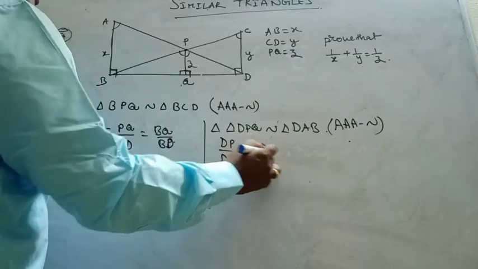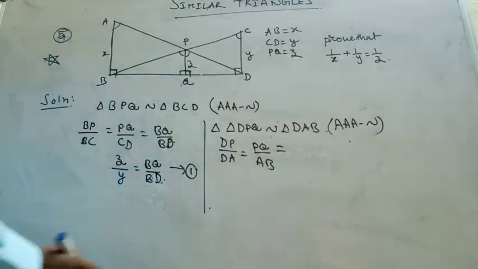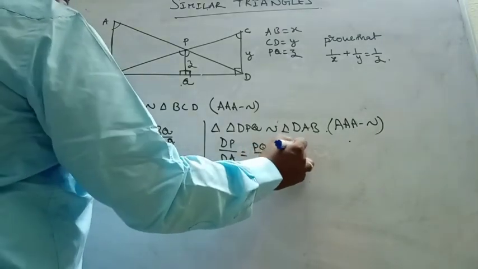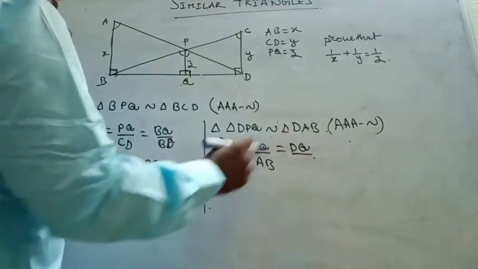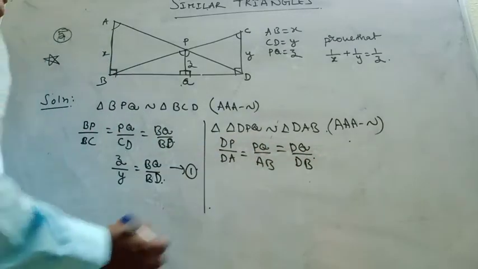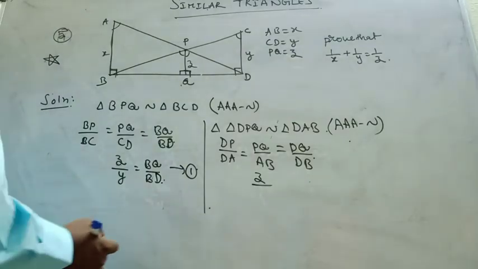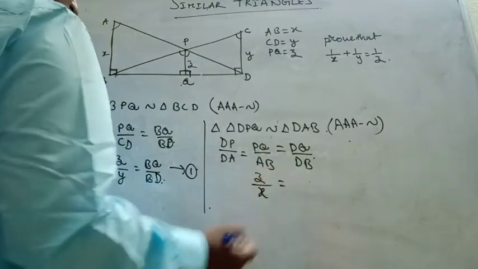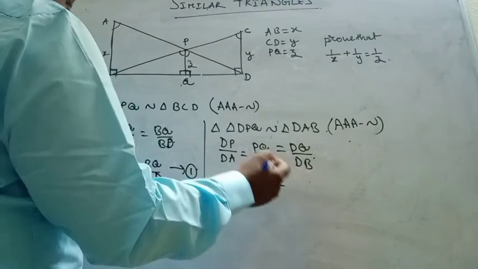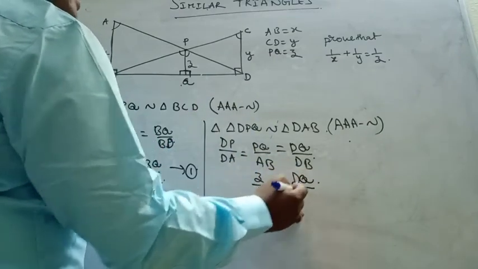From that, PQ by AB is equal to DQ by DB. Now PQ is Z, AB is X. So Z by X is equal to DQ by DB.